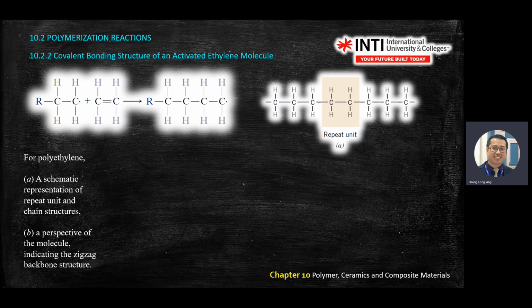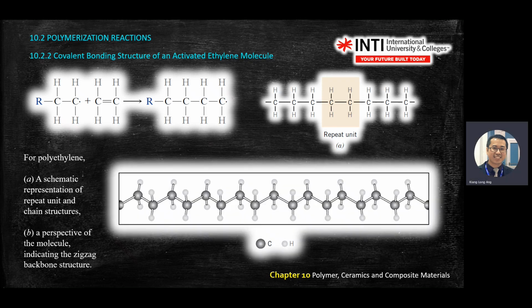So A is the long chain, B is the backbone structure. So this one is a line representation. This is more on the three-dimensional presentation. So for your answer in assessment, you don't need to draw this one. You draw the line one.